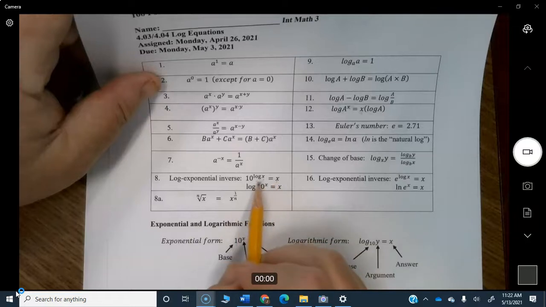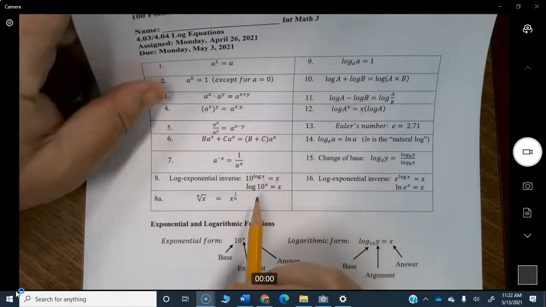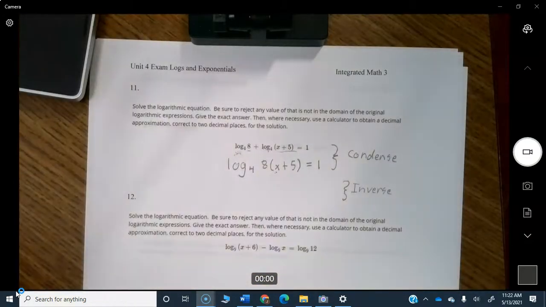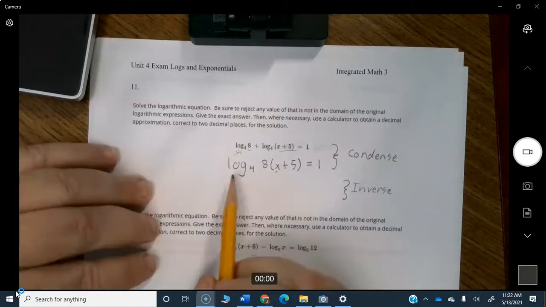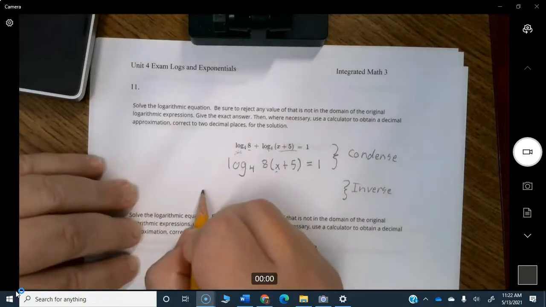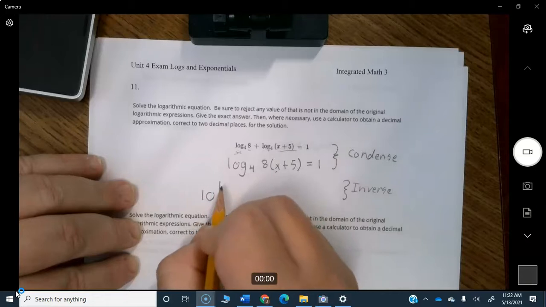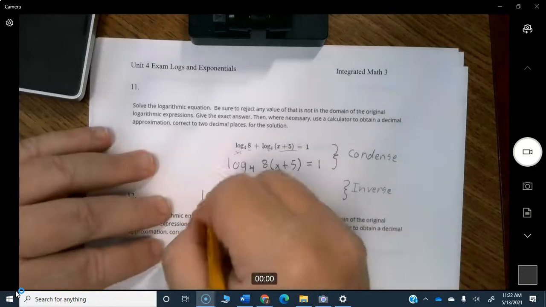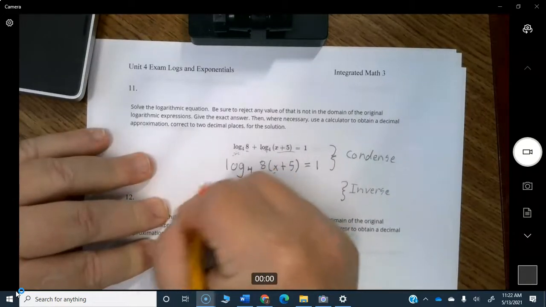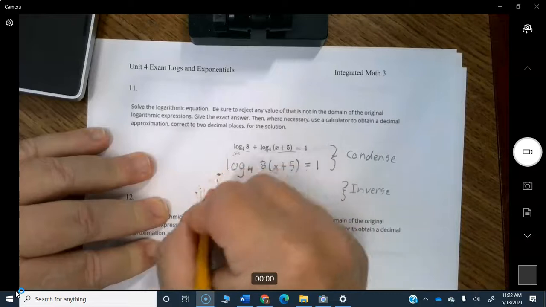The log and the 10 will cancel out. You end up with just the x. And you don't really have to understand why that works. It just does. So we're going to take everything here. We're going to raise the left side to 10 to this power. Whoops, I take that back. It's a 10 if it's a log base 10.